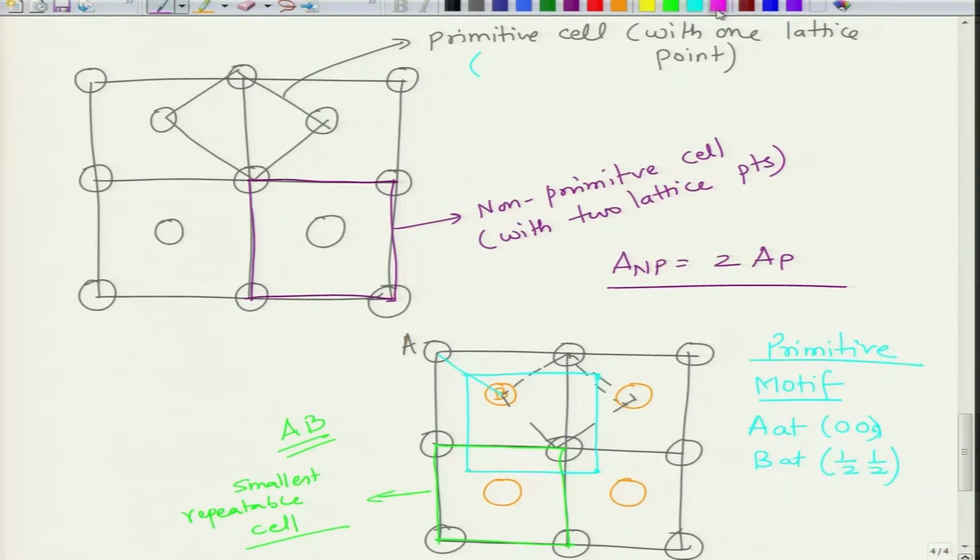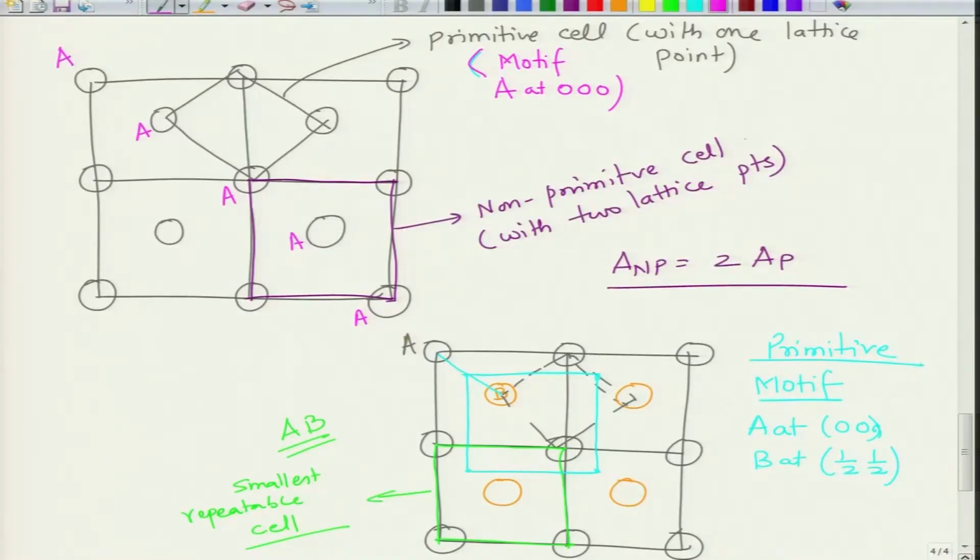Whereas in this other case the motif would be A at 0 0 0, there is no B atom, it is just A atoms, all of them. If it is a primitive cell, then you have to define the positions of both the atoms.